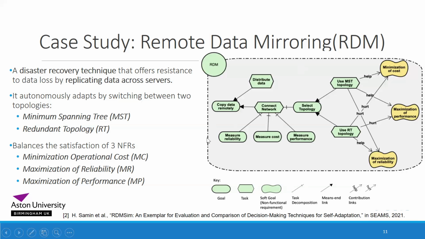So we have to optimize satisfaction levels of these non-functional requirements by switching between the two topologies, and these topologies have an impact on the satisfaction levels of different non-functional requirements. The MST topology supports the satisfaction of minimization of operational cost and maximization of performance, whereas the RT topology supports the satisfaction of maximization of reliability and has a negative impact on the satisfaction of the other two non-functional requirements.